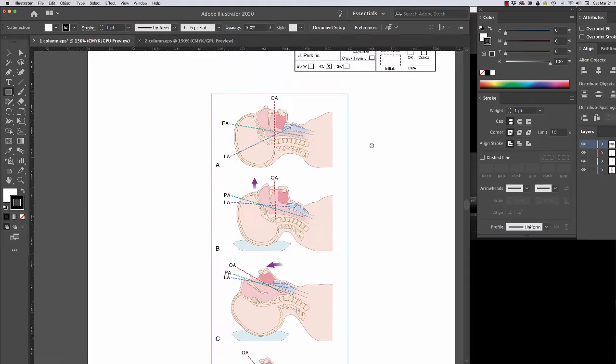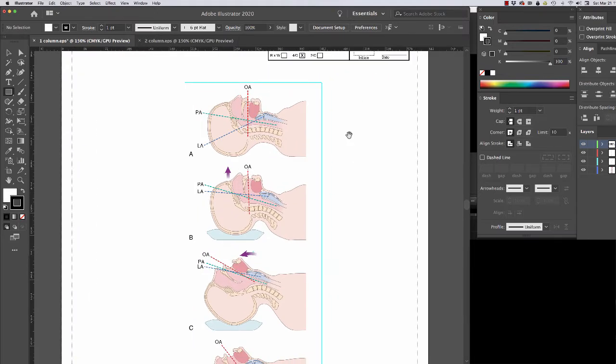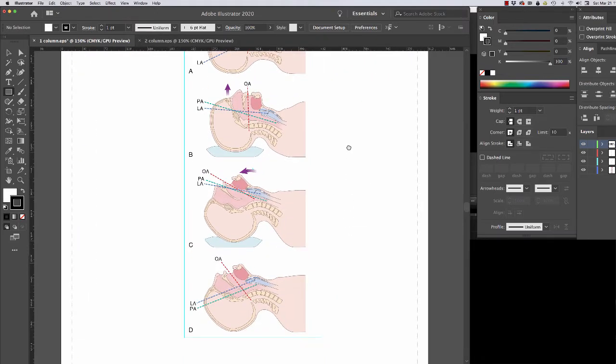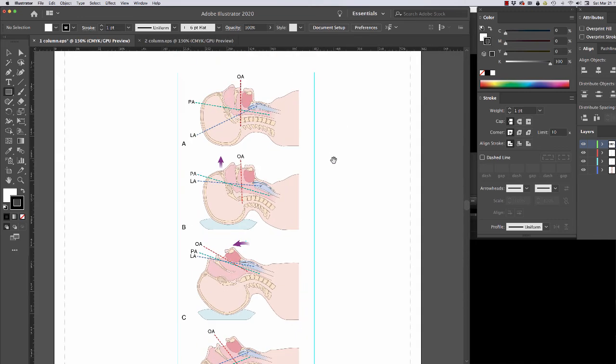So here you see an example of a one-column illustration where we've got a series of 4 panels. This is all about placement of an endotracheal tube, through the mouth, behind the tongue, and then ultimately into the epiglottis and into the larynx.